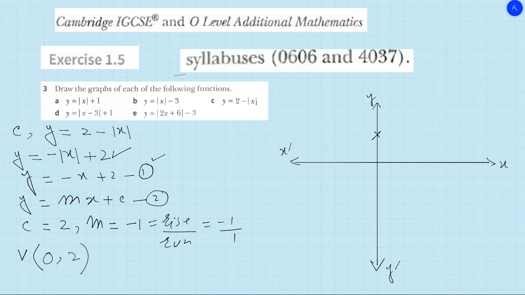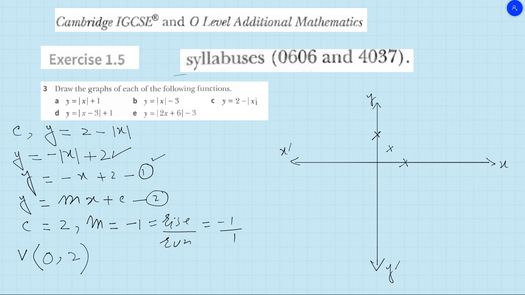Okay, students. Now draw the straight line. What is our gradient? Minus 1 upon 1. So minus 1 means move below 1 and right 1. Then below 1 and right 1 again.